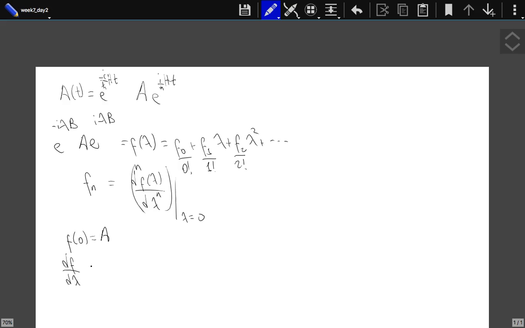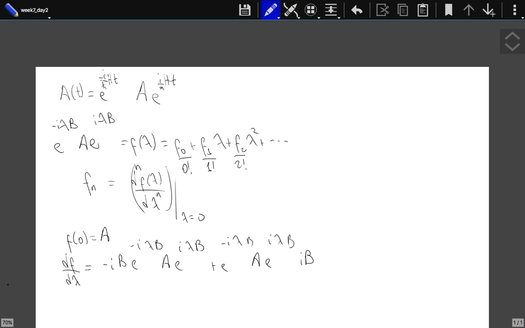Derivative of f with respect to lambda. Well, the derivative of the first term is minus i B e to the power minus i lambda B, A e to the power i lambda B, plus the derivative of the second term, e to the power minus i lambda B, A e to the power i lambda B times iB.